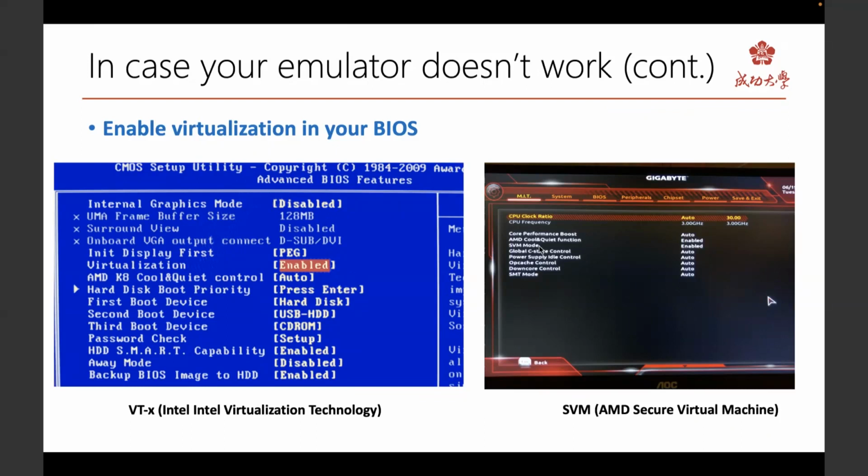A regular computer costs at least maybe 20,000 New Taiwan dollars. So it's a lot of money. Instead of buying a new computer, you are always welcome to use the computers in our computer classroom on the second floor.